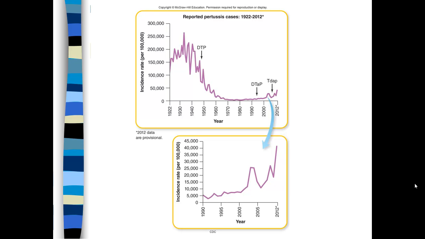In terms of numbers of reported cases of pertussis, this is when the DTP vaccine was introduced. The DTP vaccine was effective in reducing pertussis cases. However, it had nasty side effects. Many people died. Many people were damaged neurologically.